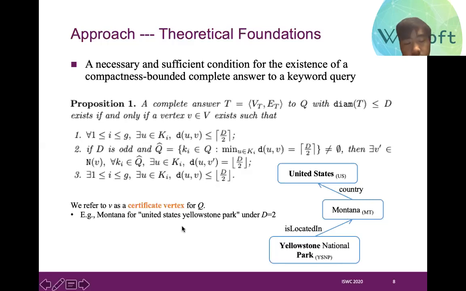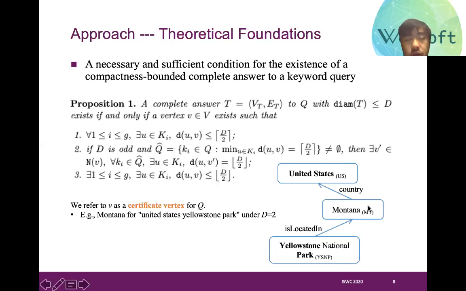For example, suppose we have a query containing 4 keywords: United States, Yellowstone Park, and we are given a diameter bound of d equal to 2. Is there any answer that satisfies this diameter bound and also covers all these 4 keywords?